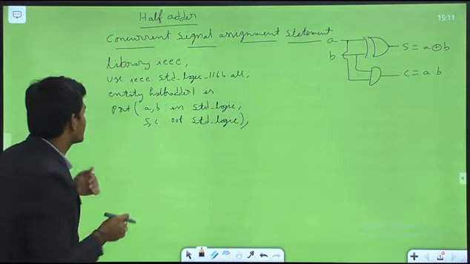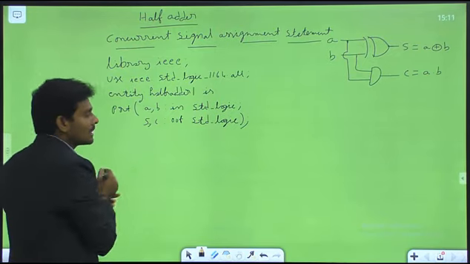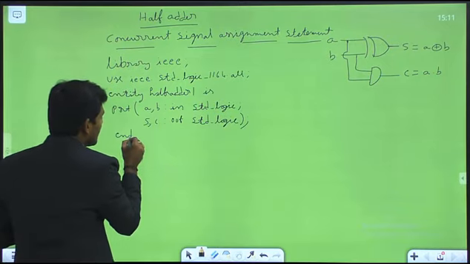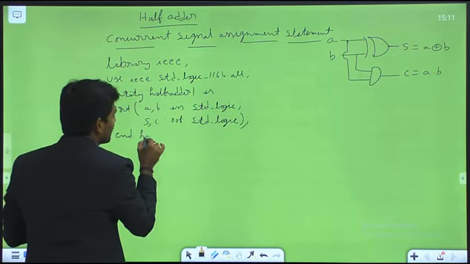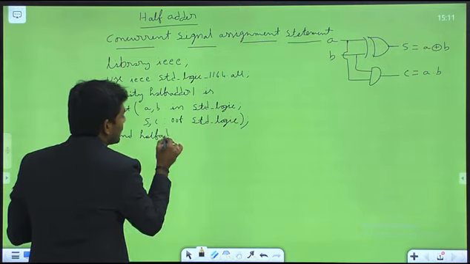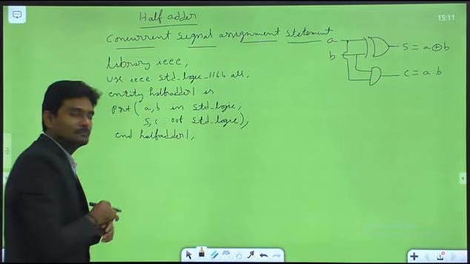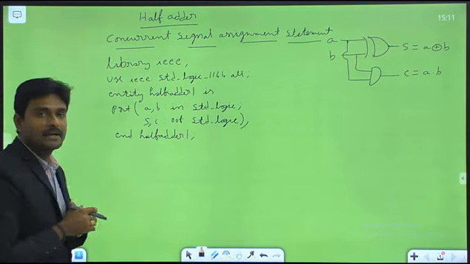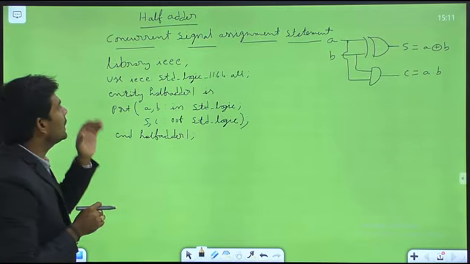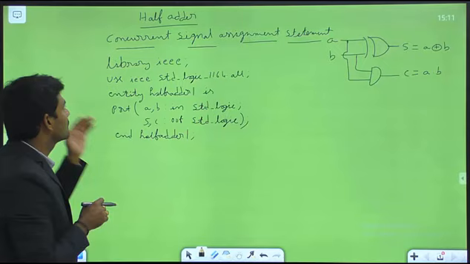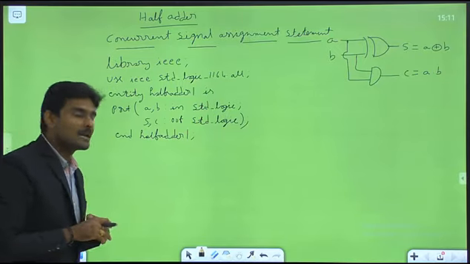Then we end the entity by writing end entity name, which is half adder 1. This is the entity declaration part for the half adder using the concurrent signal assignment statement.